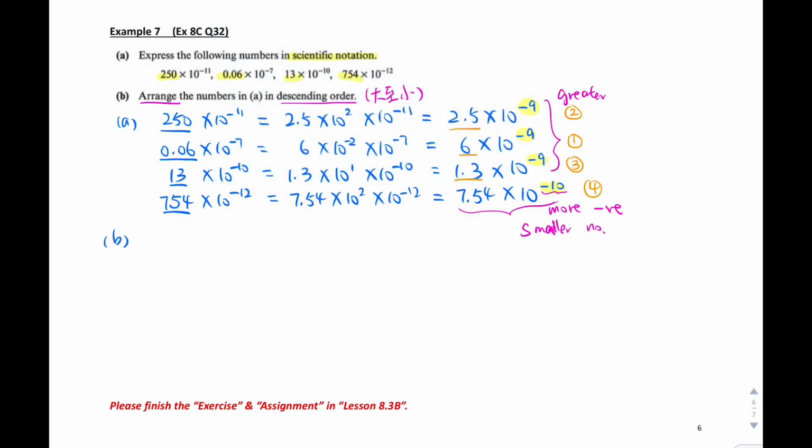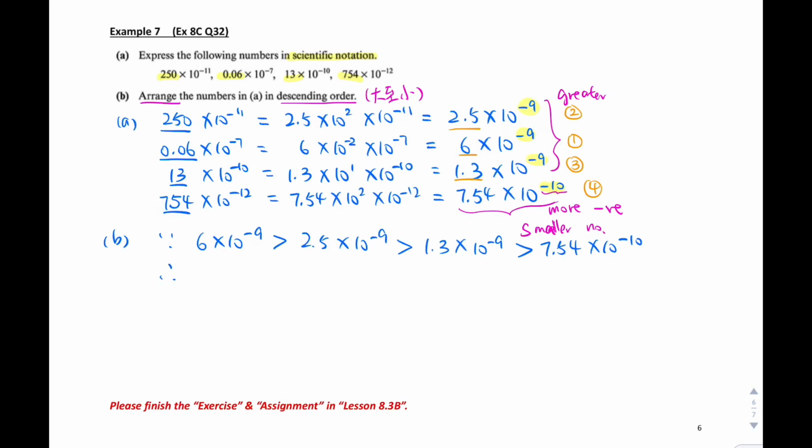So for part B, we can just write, because 6 times 10 to the power of negative 9 is greater than 2.5 times 10 to the power of negative 9, which is greater than 1.3 times 10 to the power of negative 9. And finally, they are all greater than 7.54 times 10 to the power of negative 10.